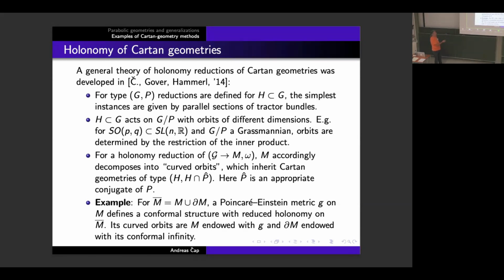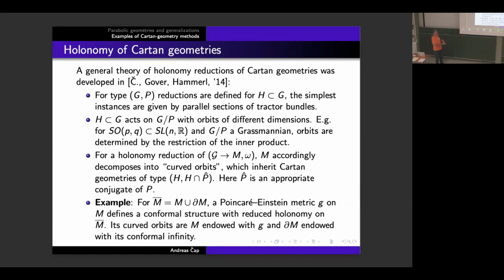But what you can do is, if you take a manifold with boundary, then there is the concept of a Poincaré-Einstein metric on the interior of this manifold, which means that you have a negative Einstein metric on M that is conformally compact. It gives you a conformal class called the conformal infinity on the boundary, and this is the picture that lies behind holography and stuff like that.